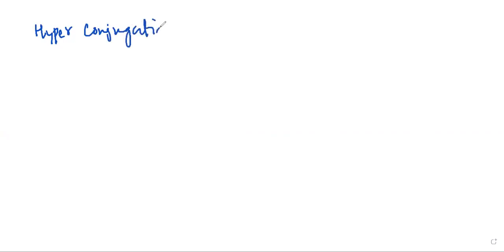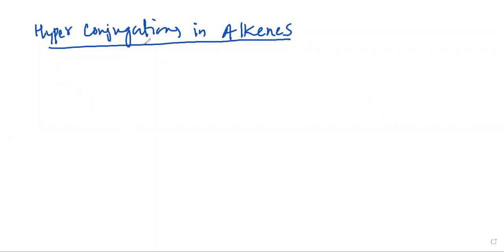In alkenes. Please remember that we want to study about hyperconjugation in alkenes. Suppose you have this kind of CH2 double bond CH, and this is CH3, my dear students.